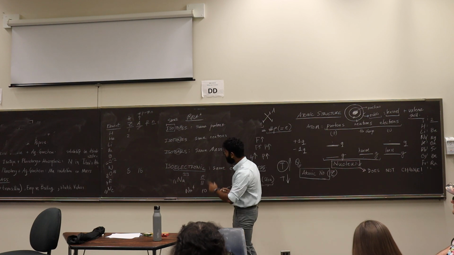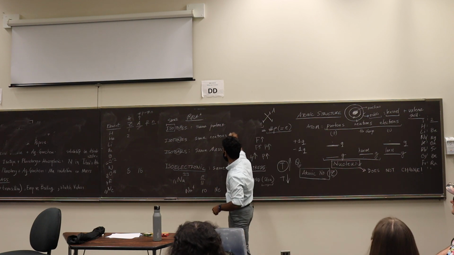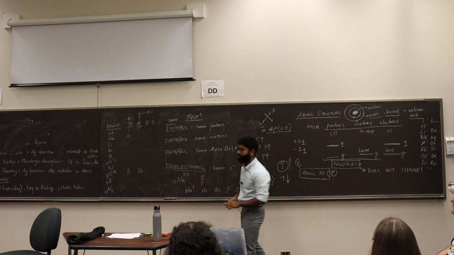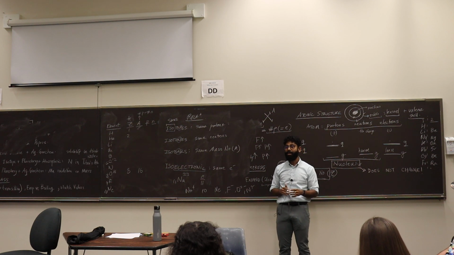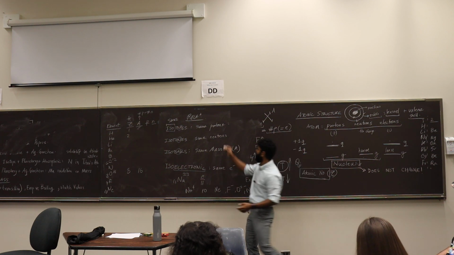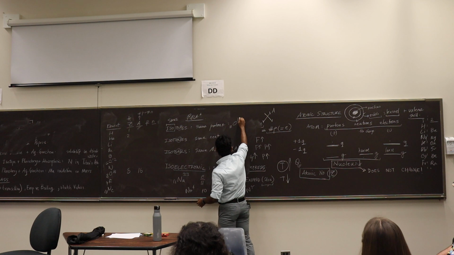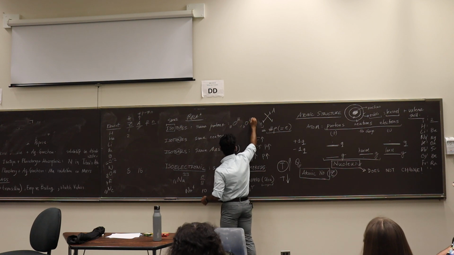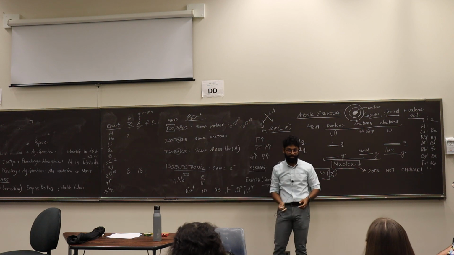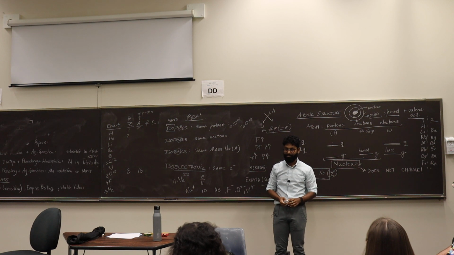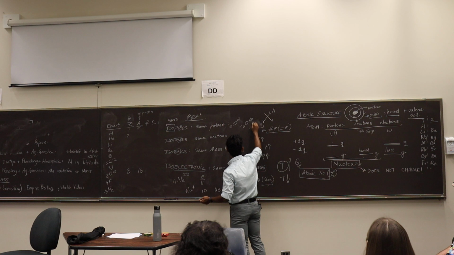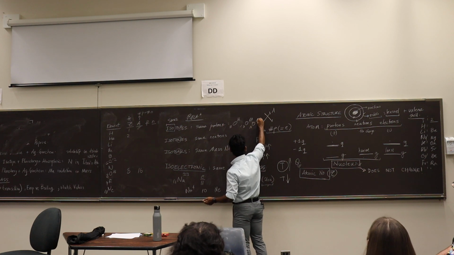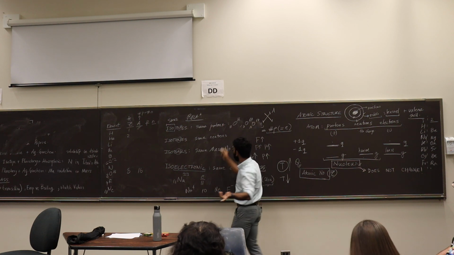Okay. Let's do isotopes. Can you give me an example of isotopes, where the number of protons remains the same? You cannot just say 8 16 and 8 16 because these two are the same. It would be like 8 17, 8 18, right?